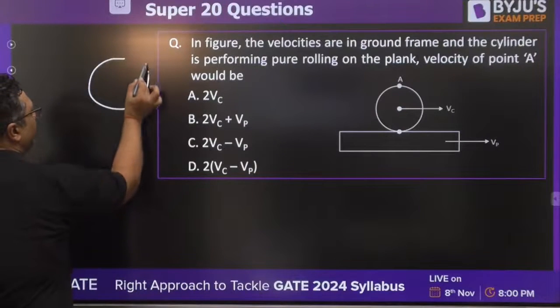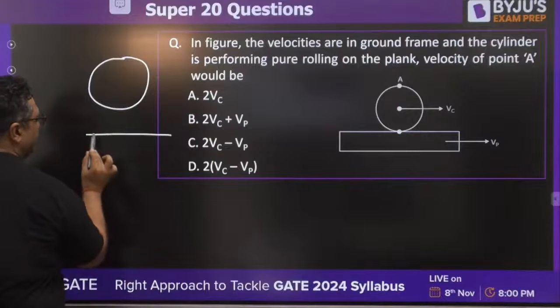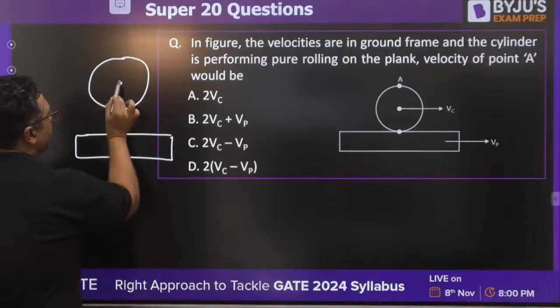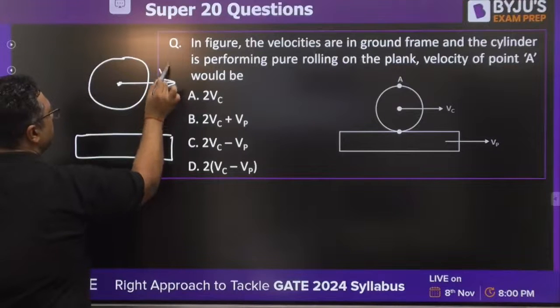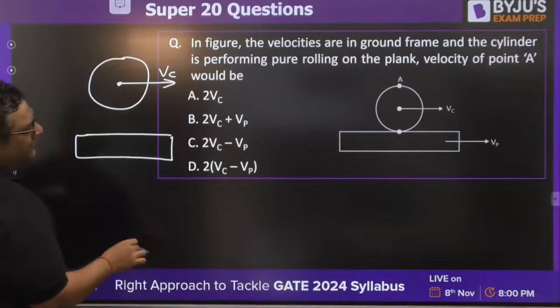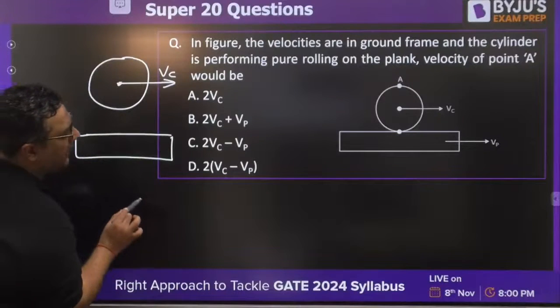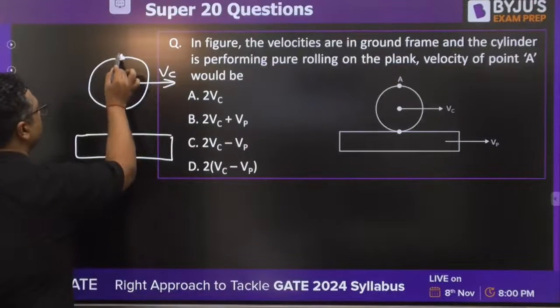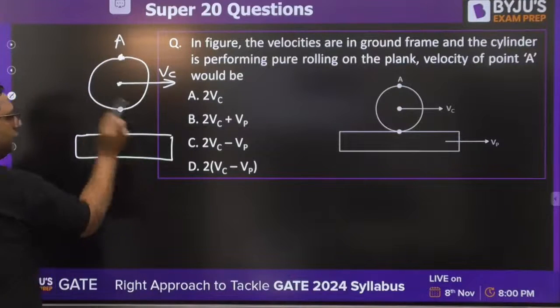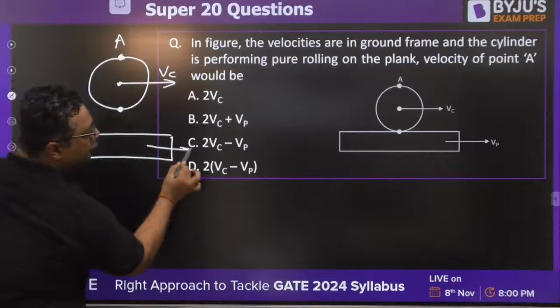You can make the FBD by keeping them aside. So this velocity is given as Vc. You need to find out the velocity at A. This is moving with Vp.